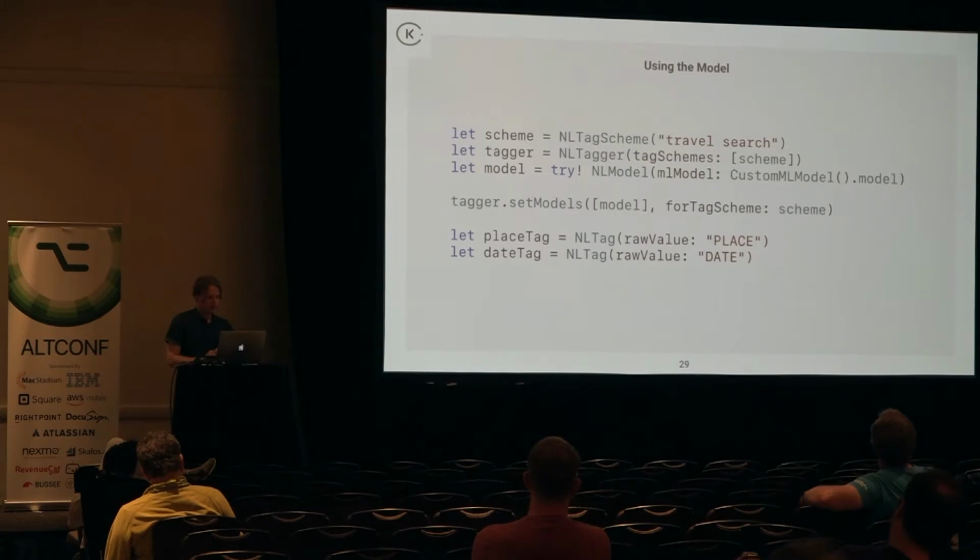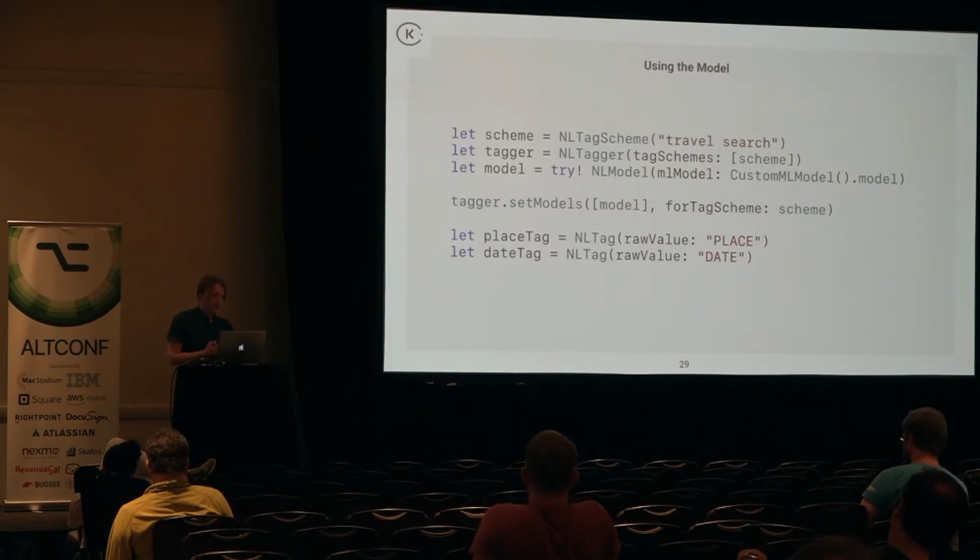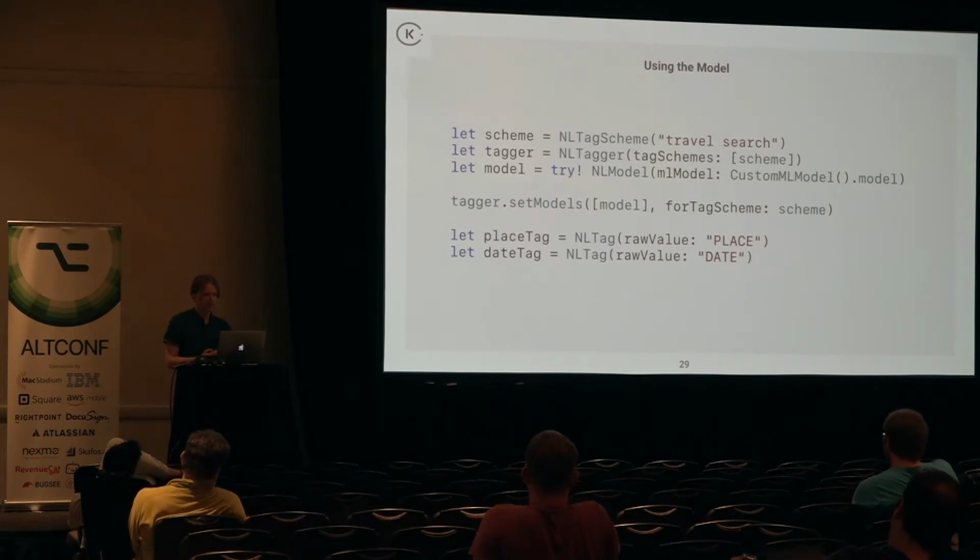And finally, we create instances of NLTag that we can compare to the tokens that we have in the model. So here it's place and date. And once we have that, our model will be able to recognize both dates and places from those 6 sentences that we had before. But that didn't actually solve anything because we still don't know which direction is which.